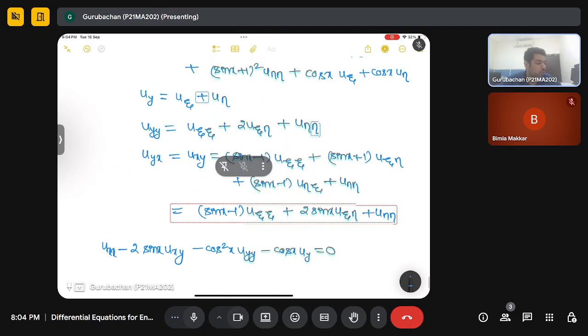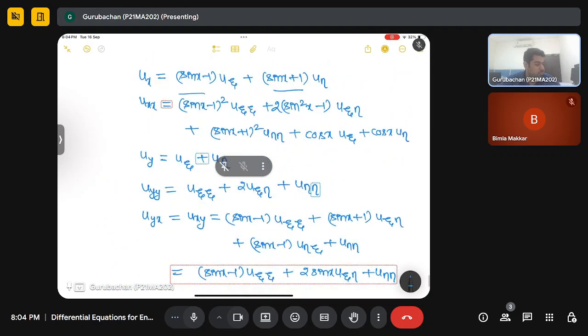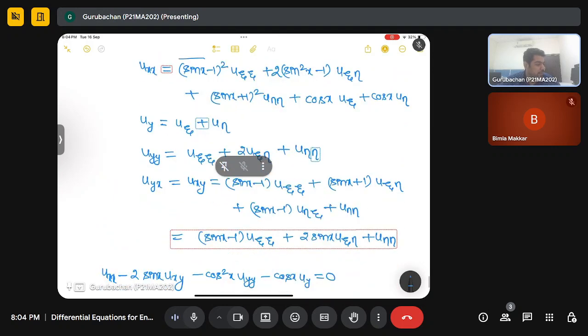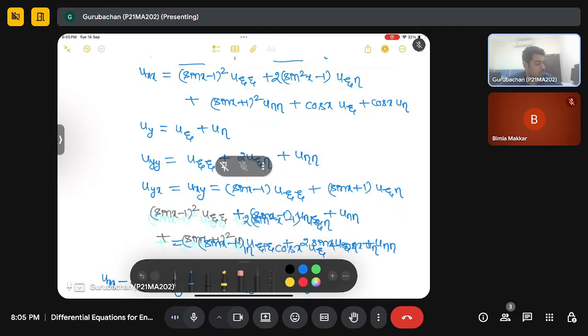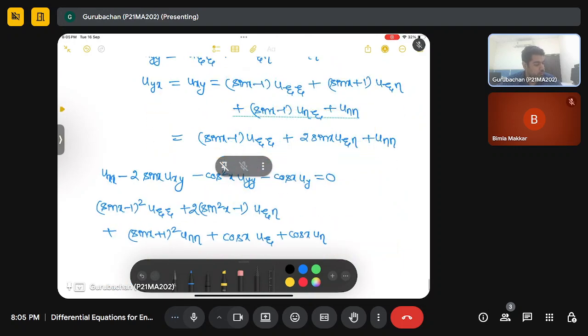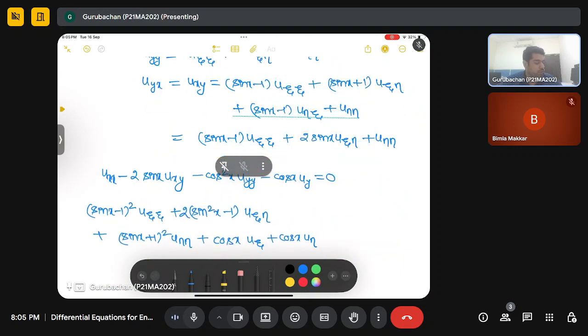So the value of ux, we don't have to multiply with anything, so we may directly substitute in the following manner. So this is the value of uxx. So let me put it here.